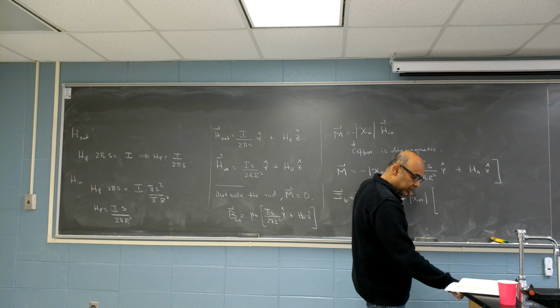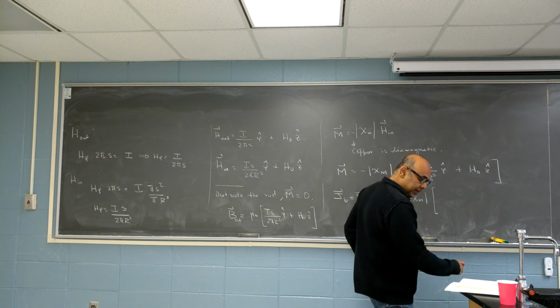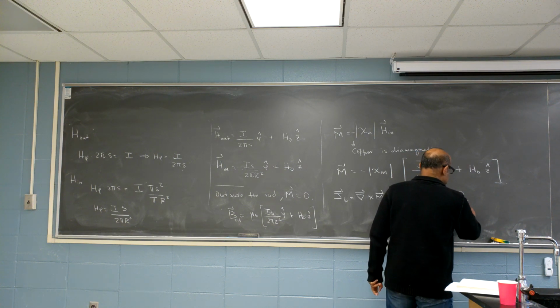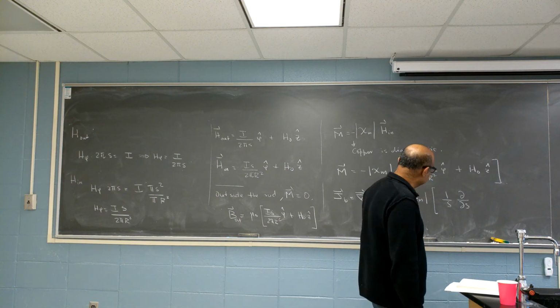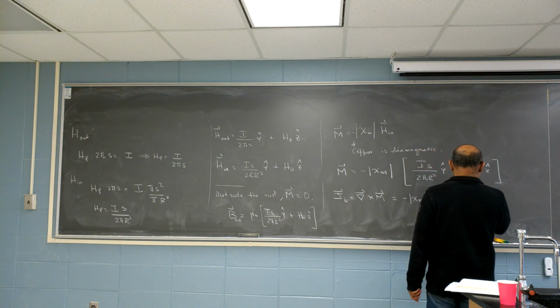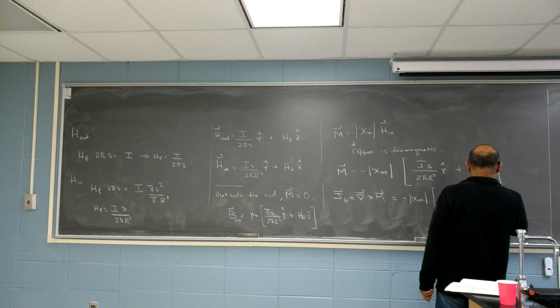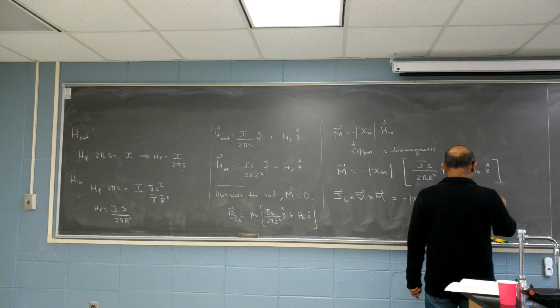What about the phi component? There's the z component. That too is 0. What about the z component? I should be able to take 1 over s d/ds of s times M phi, times I s squared over 2 pi r squared. And that's going to be the z component, correct?